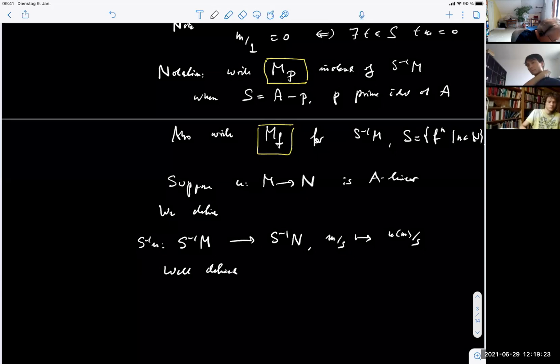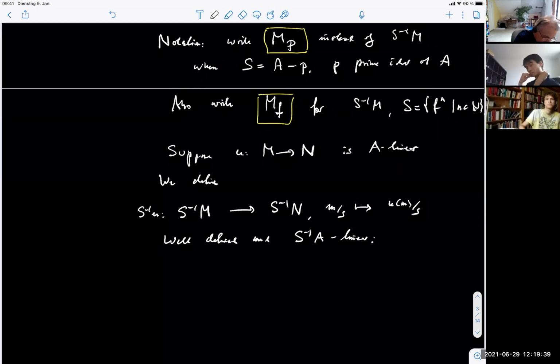This is again a trivial check, and linear with respect to the other ring. You check yourself, it's a trivial verification.